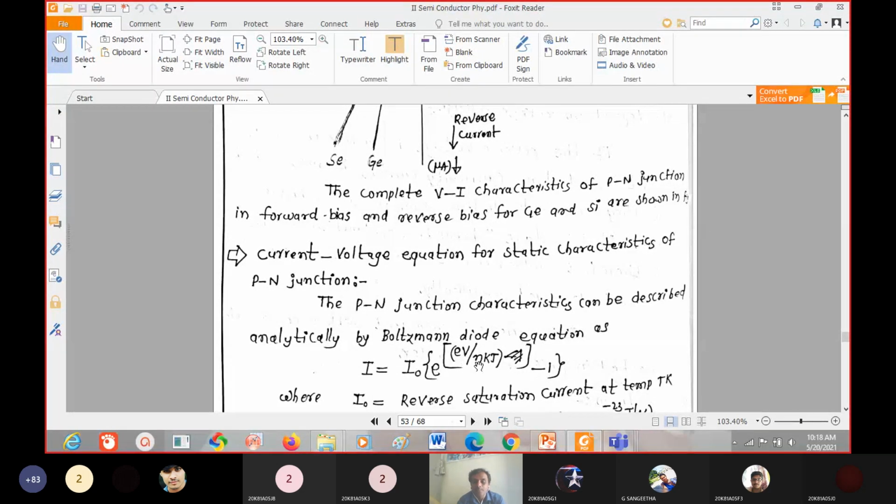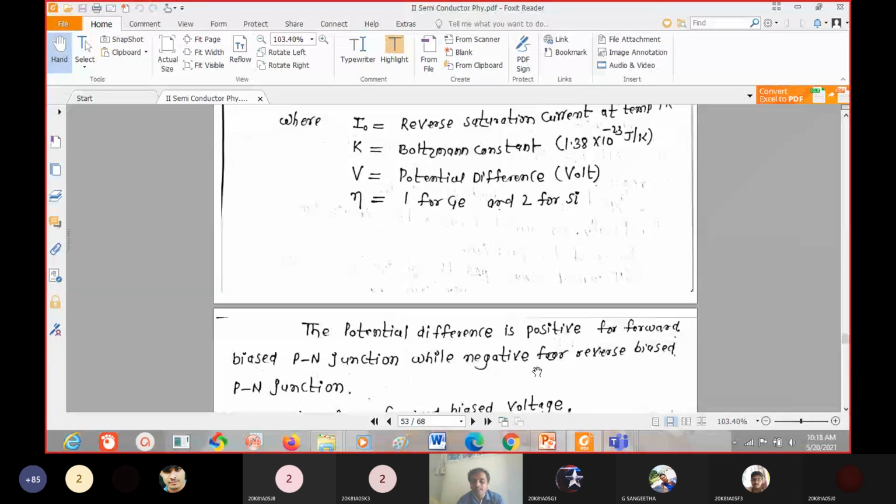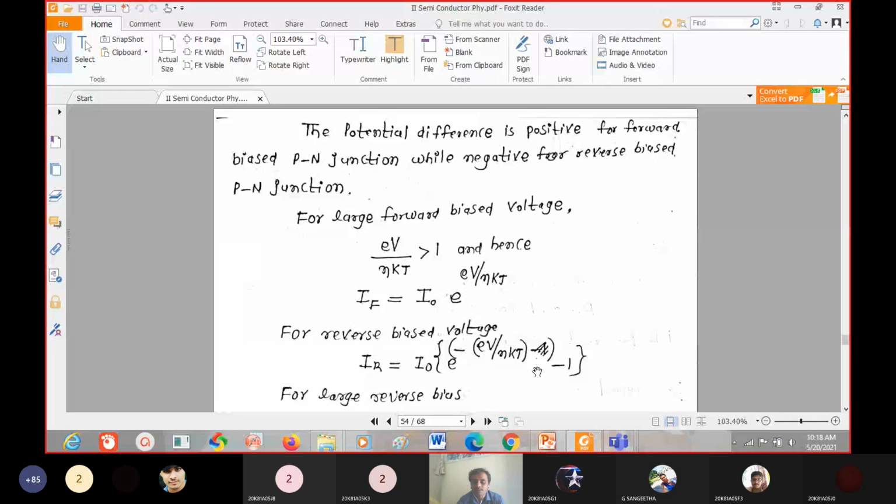Compared to this value, the 1 will be very small, so we can neglect it. In the case of forward bias, the current passing through the circuit IF is equal to I naught into e power eV by eta kT. We are just neglecting the 1, because V is positive, so e power eV by eta kT is much greater than 1.